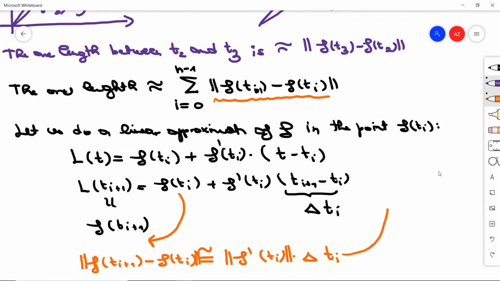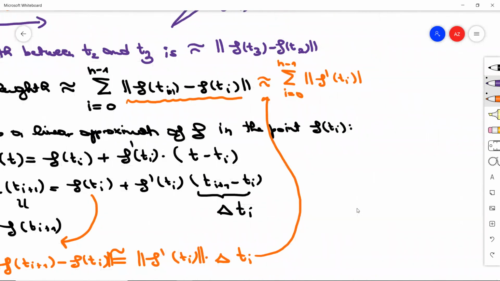When we plug this into our arc length approximation, we get approximately the sum, with i going from 0 to n minus 1, of the norms of the velocity vectors times this difference in t_i's.